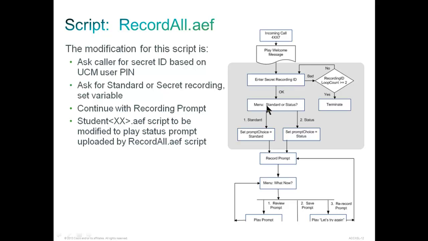That's kind of cool. And then also we've given them a menu. Is this a standard or a status type of prompt? And depending upon which one it is, that prompt's going to be named and placed in the place for either a standard or a status type of prompt. And we continue on with the record prompt as we see it there.